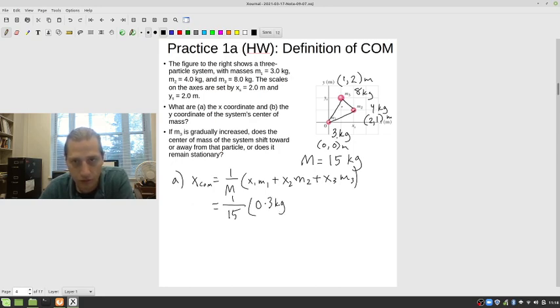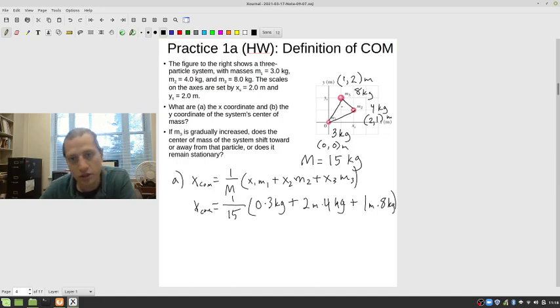So that's for this first object. For the second object, it would be plus 2 meters times 4 kilograms, plus my x3 would be 1 meter, that's how far it is in the x direction, times 8 kilograms. Okay?